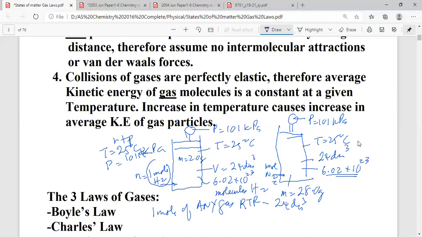Of course, in this case the hydrogen is knocking against the wall. It is lighter, but this H2 moves at a faster speed. The heavier nitrogen moves at a slower speed, so the impact is about the same.